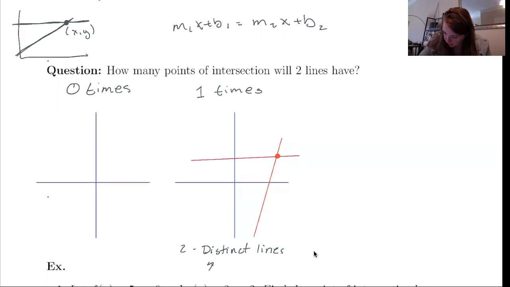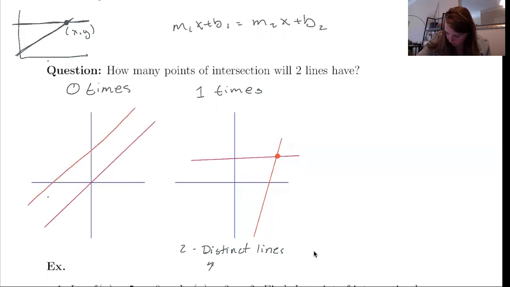So let me bring out my little axes again. There we go. So one goes like this, and the other one goes like that, and they keep going off forever.